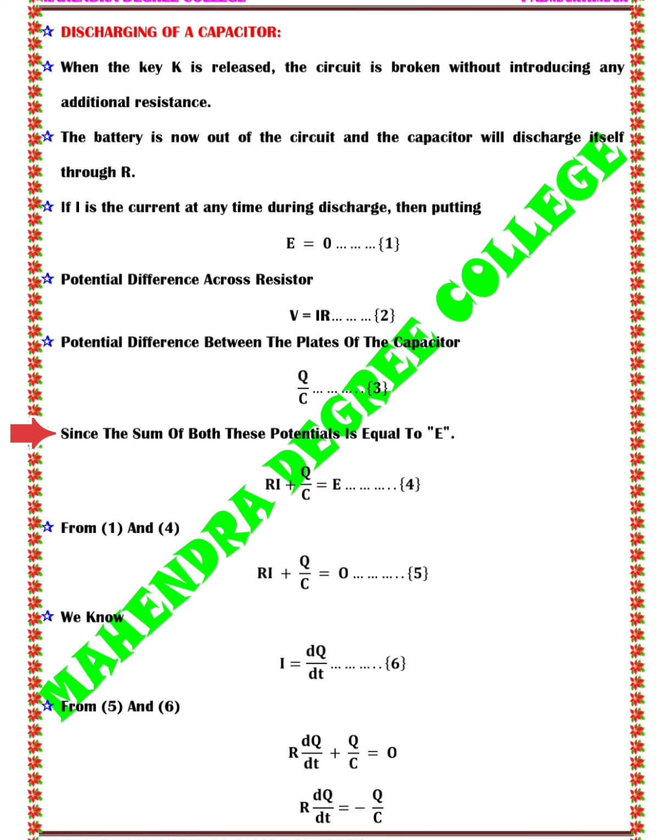where Ri is the voltage drop across the resistor, where R is resistance and I is current, where Q by C is the voltage across the capacitor, where Q is the charge on the capacitor and C is the capacitance, where E is the electromotive force or supplied voltage in the circuit.